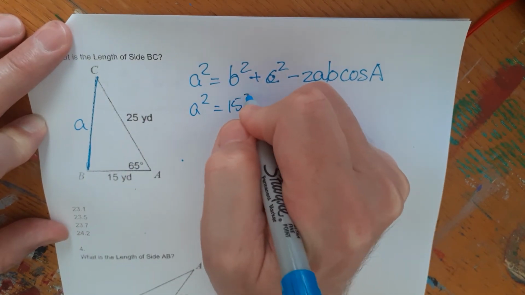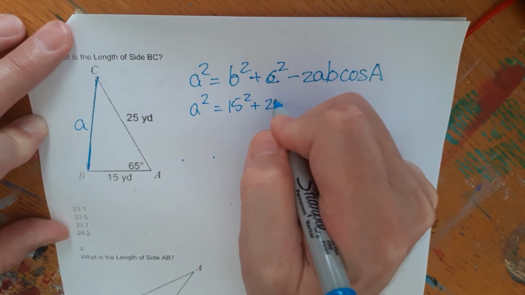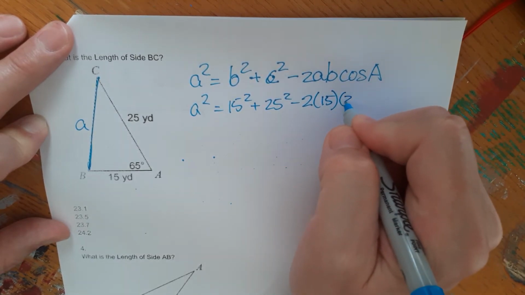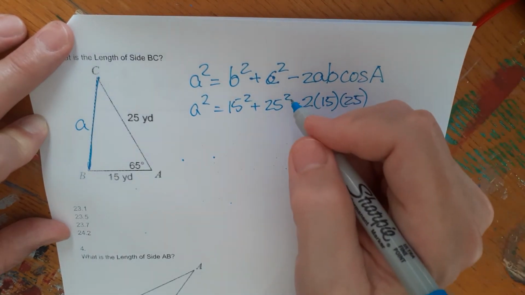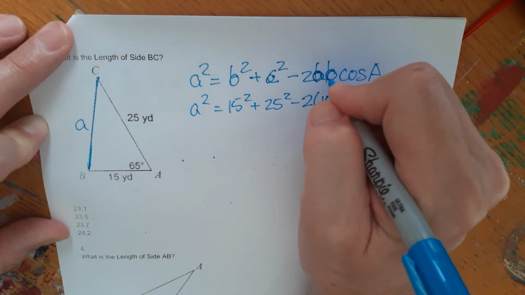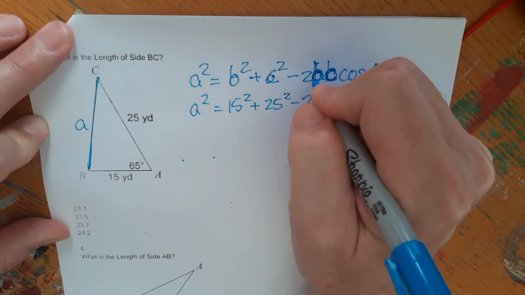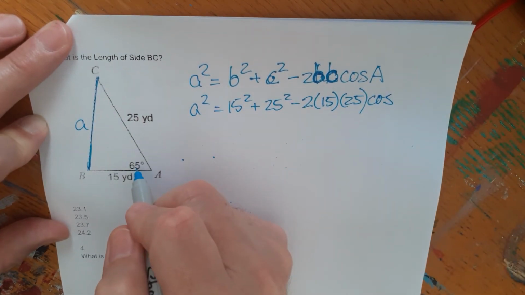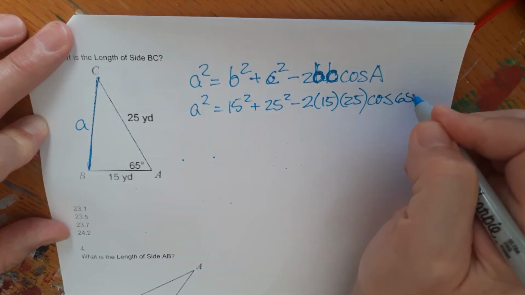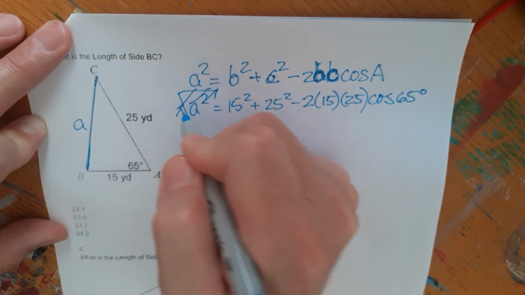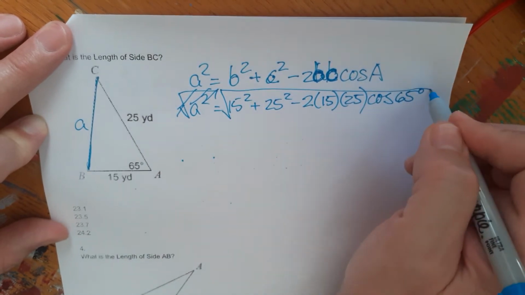So we have 15 squared plus 25 squared minus 2 times 15 times 25, cosine of the included angle, which is 65 degrees. We're going to take the square root of the left side, which cancels out the square there. What you do to one side, you must do to the other.